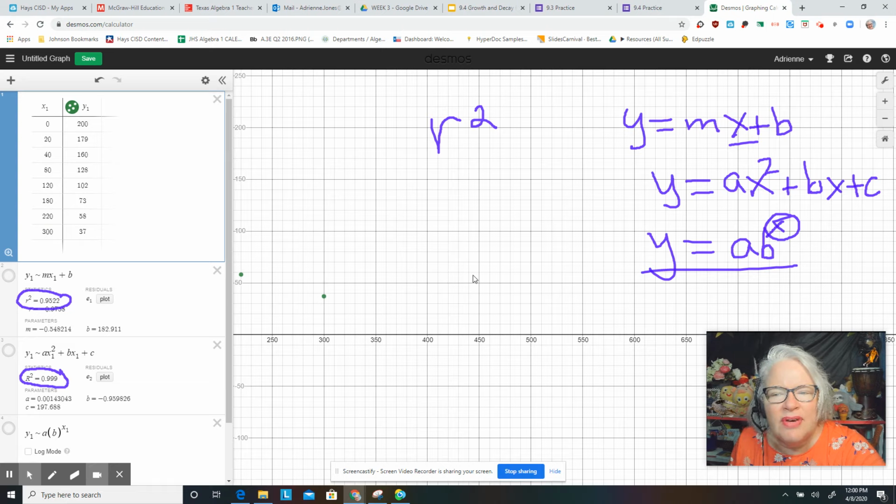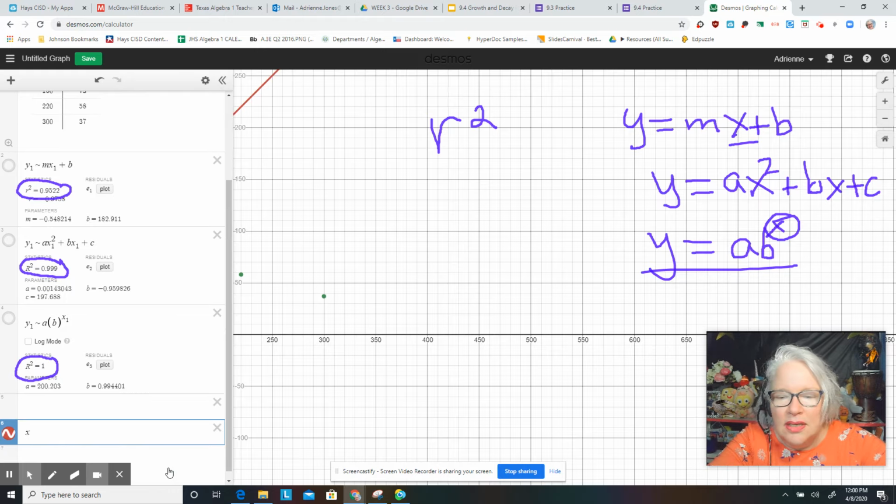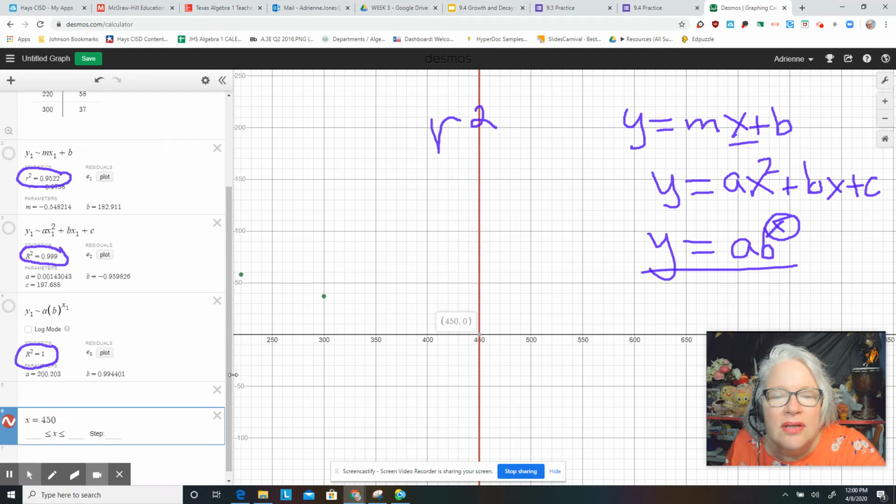No, that's not going to work. Forget I said that. How about we graph x equals 450. You can tell what this point's going to be, but it's hugging so close to... Oh, no, actually, that one's not too bad.